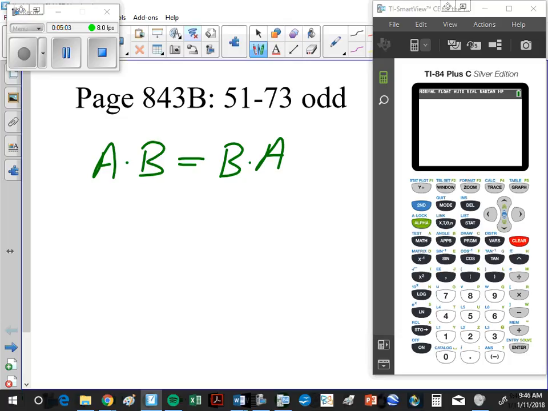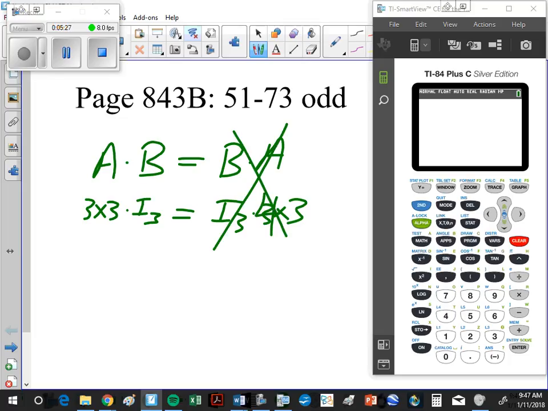So if B was I3, then it would work as long as A was square. Right? If I had a 3 by 3 times I3, that's going to be exactly the same as I3 times a 3 by 3. But what if A is a 4 by 3? Then this doesn't exist. So in general, AB and BA are not the same, unless they're inverses.